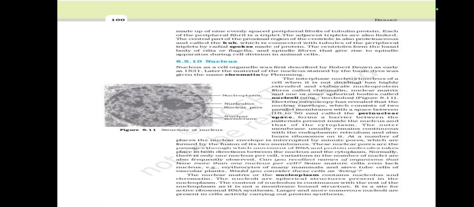It is a site for active ribosomal RNA synthesis. Larger and more numerous nucleoli are present in cells actively carrying out protein synthesis.